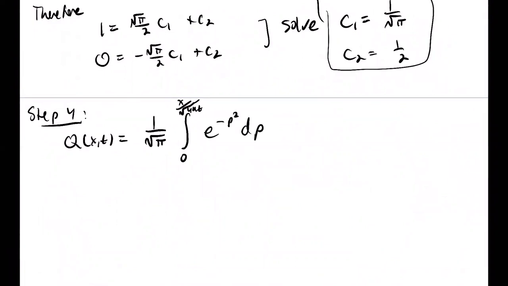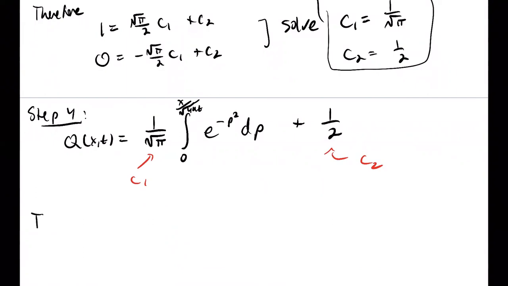And then we just had plus c2, which is 1/2. Okay, and so now we have Q. We found Q, so that completes the goal.